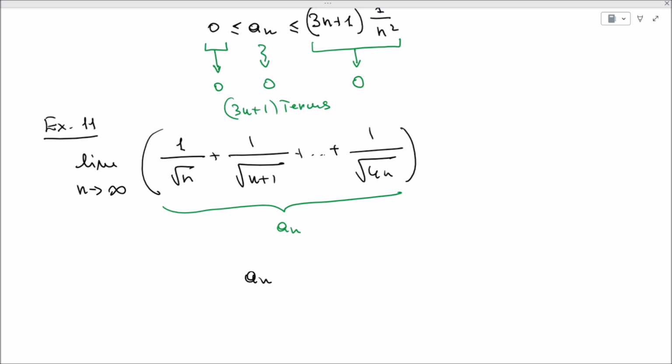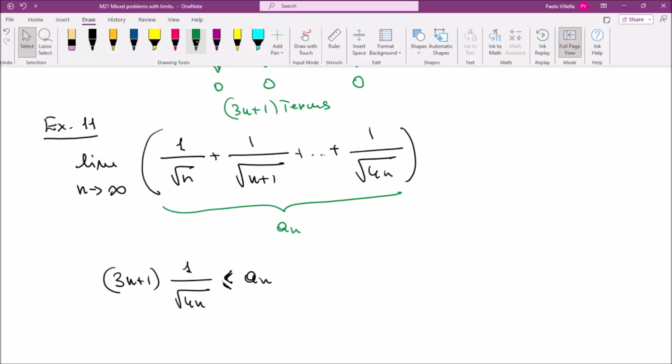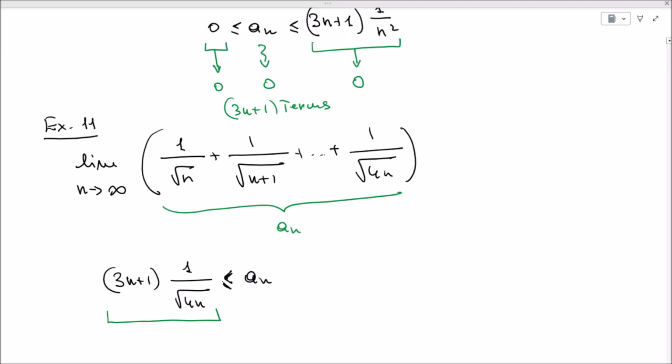But we clearly see in this case that this term, which is on the left of the inequality, will diverge to plus infinity. Why is that?